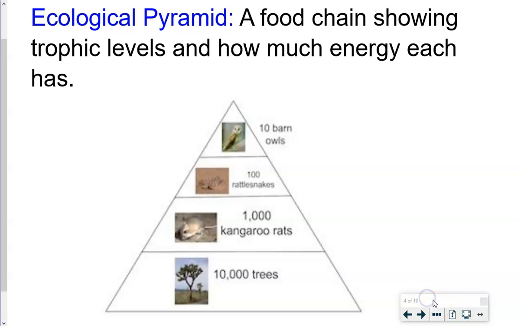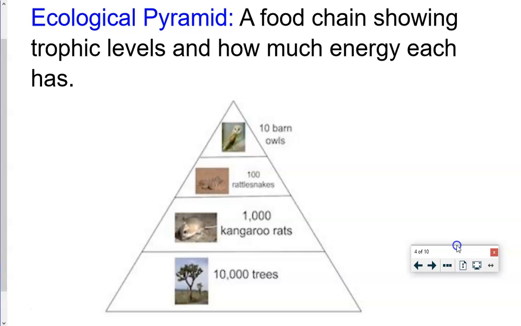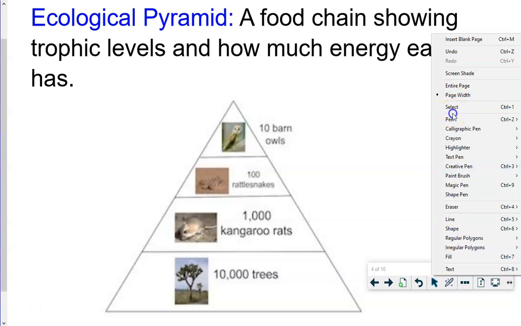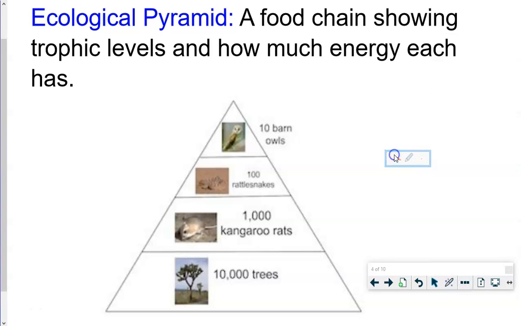Now, the handwriting here, this is going to be pretty ugly, I think, but I'm going to try to grab a pen tool here. All right, so in a pyramid, the bottom biggest level is always going to be my producer. Producer. So we're just going to say that for short.